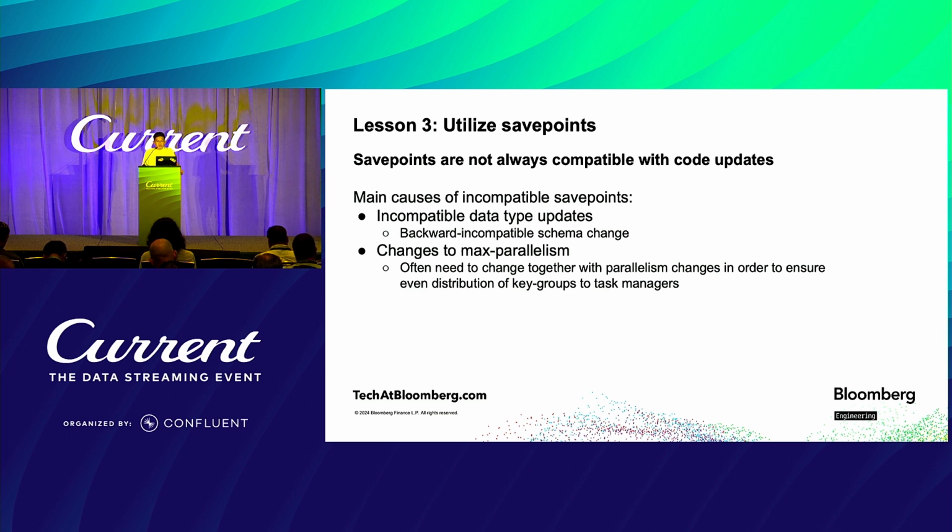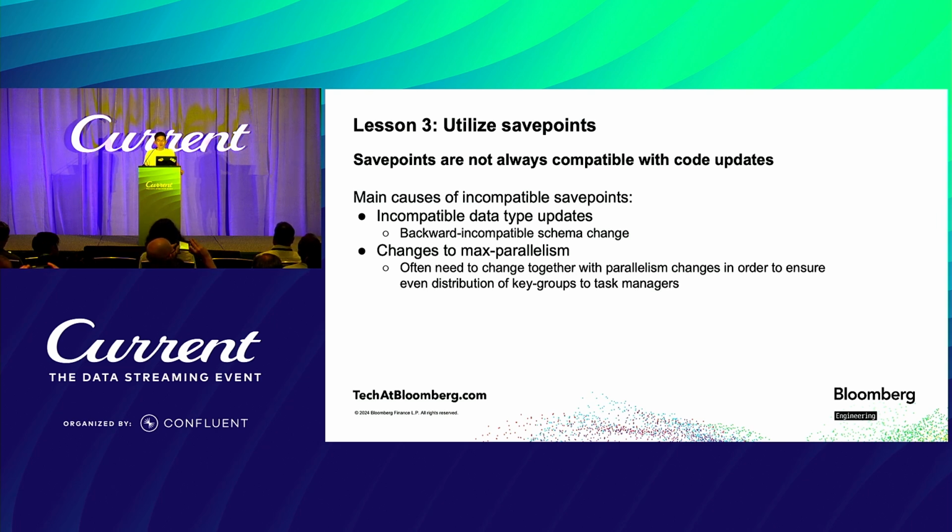The biggest challenge with this maintenance cycle is save points are not always compatible with our code updates, right? And so far, we've had two main causes that give us incompatible save points. The first one is incompatible data type updates. Right?